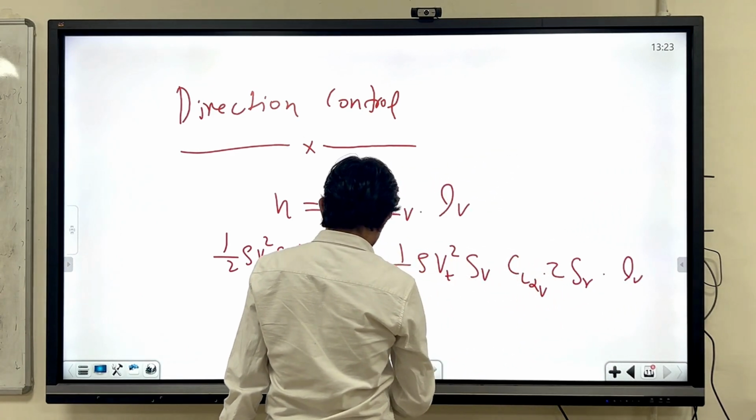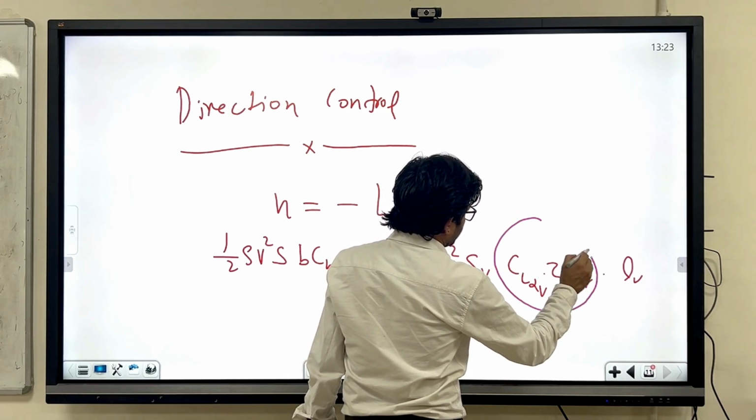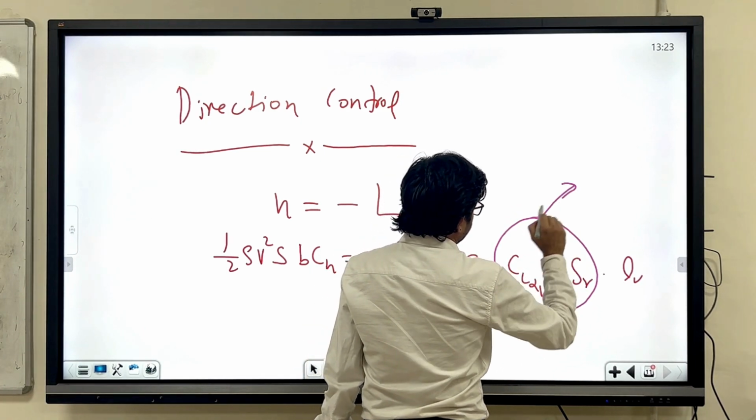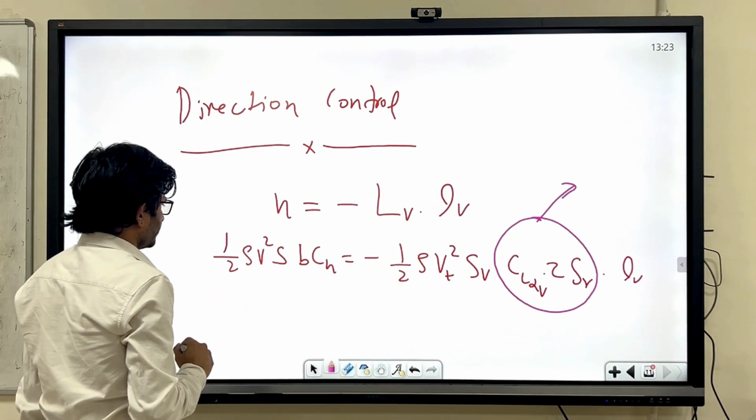We have already seen how to convert the lift coefficient in terms of control surface deflection in the lateral and longitudinal cases as well.